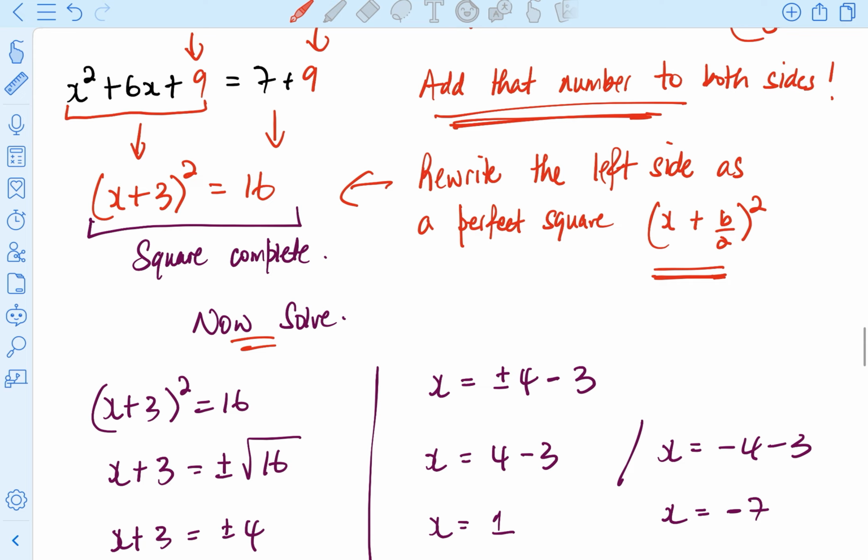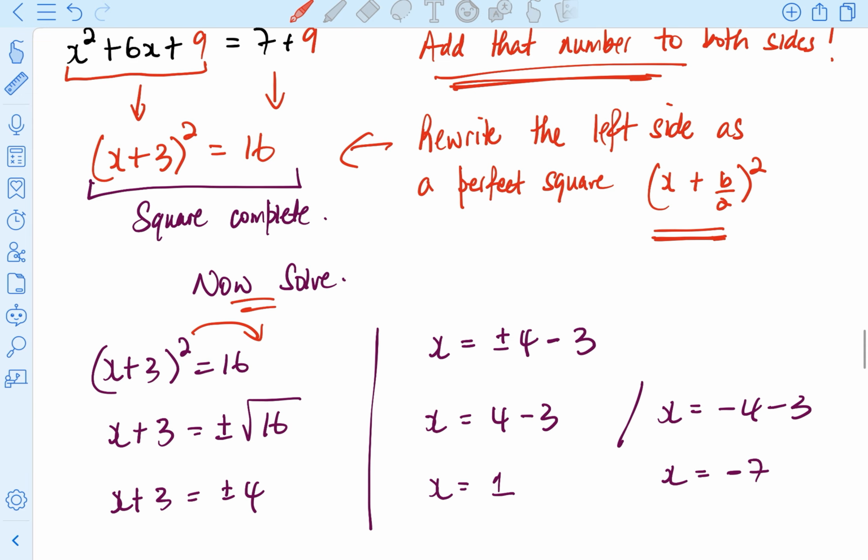So now in solving, I carry the square over the equal sign. And when we're looking at the distance formula, do you remember when I have a square, it becomes a square root, right? And so if you notice, my square became plus or minus the square root of 16, which is plus or minus 4. And I did a little splitting here.